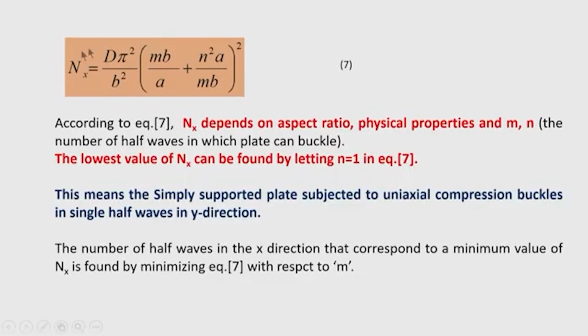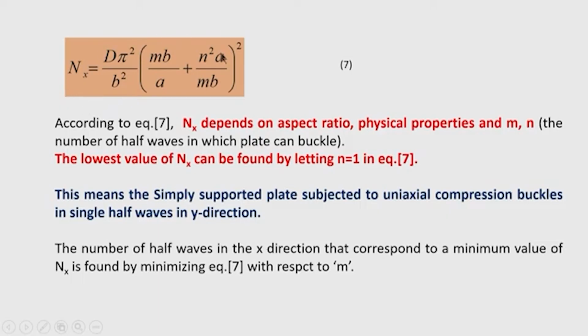So, in that case the shorter edge will buckle in one half wave, that is always true for rectangular plate having simply supported condition along the four sides, but number of half waves that is required for buckling in the lowest mode has to be found out. Okay. So, how it can be found? Because the n x should be lowest for critical load.